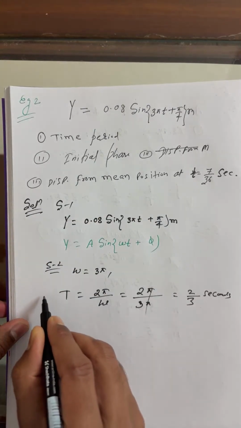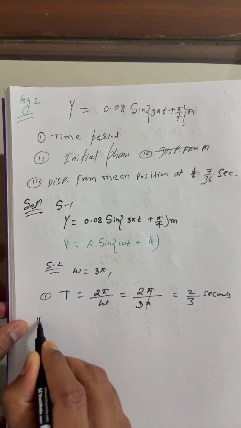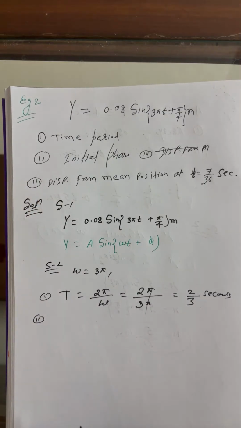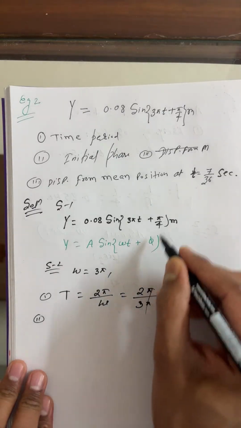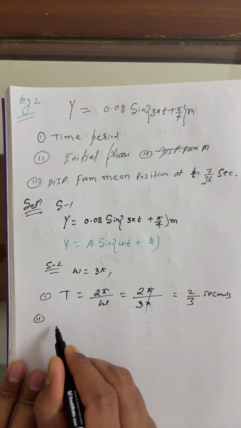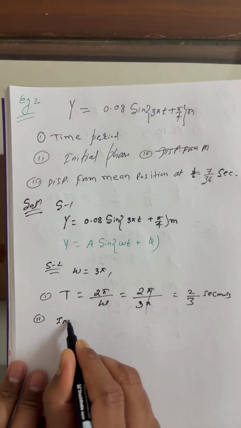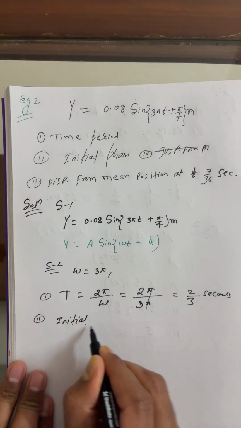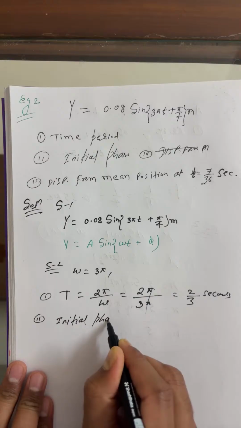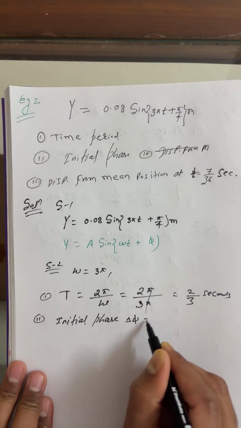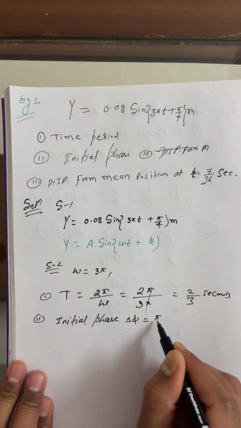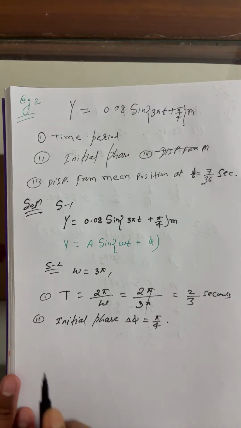Now we wish to find the initial phase, which is nothing but just equate with this phi. So the initial phase, delta phi, is equal to pi by 4.